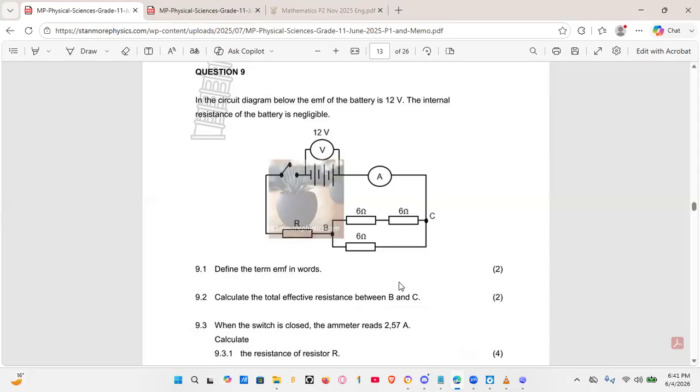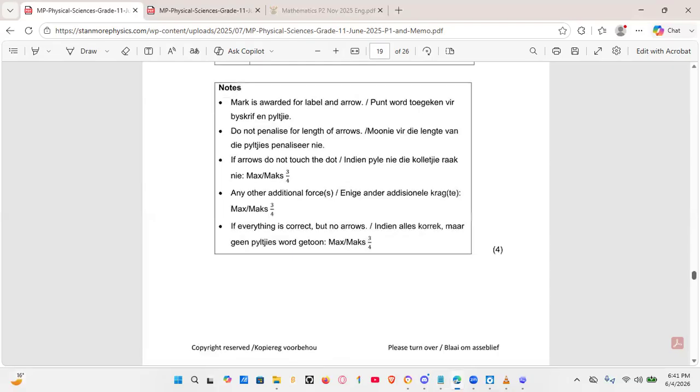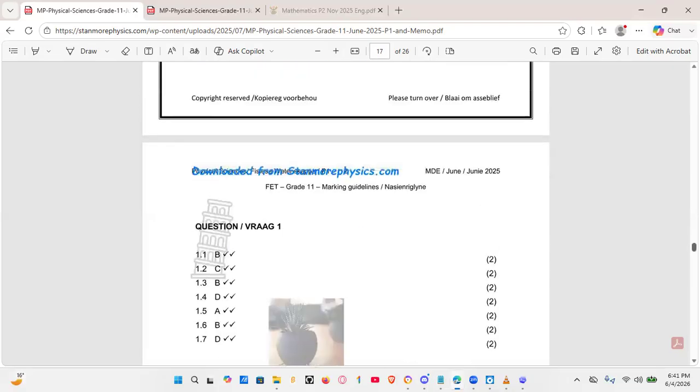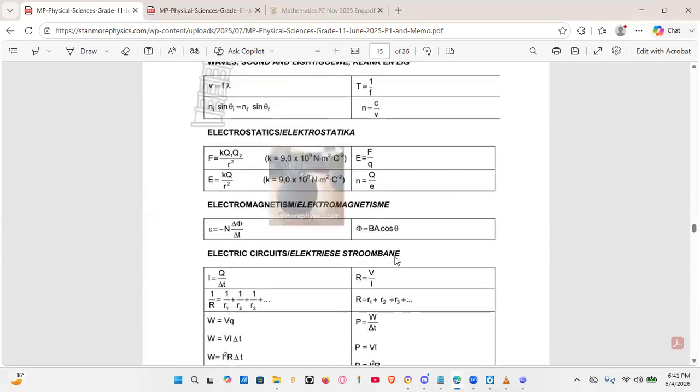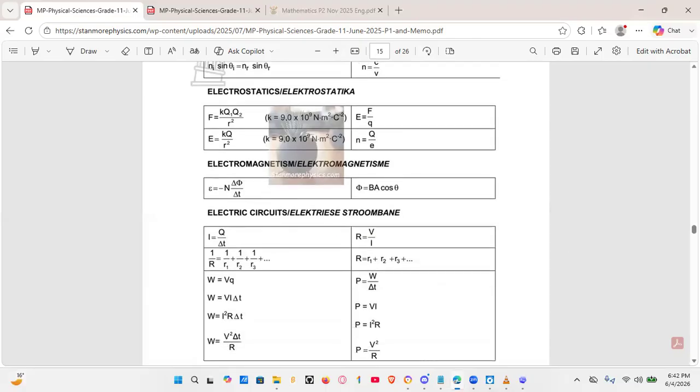How are you going to use them? Because you have to use, let's go down, which two formulae we have to use if we go down. Which formula will you have to use in this section? It's not R equals V over I.